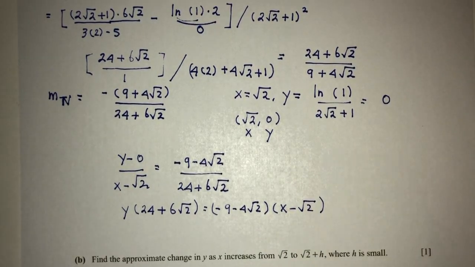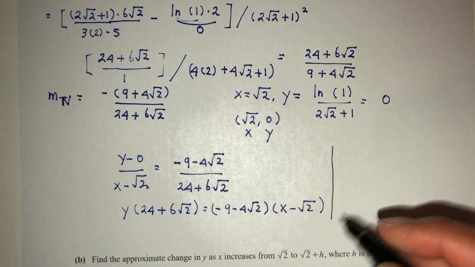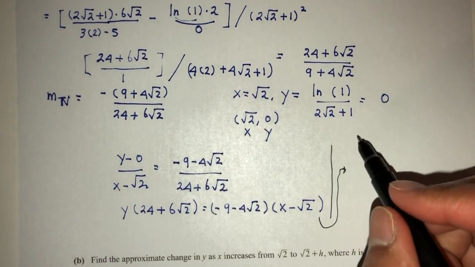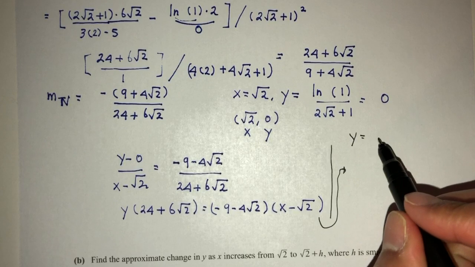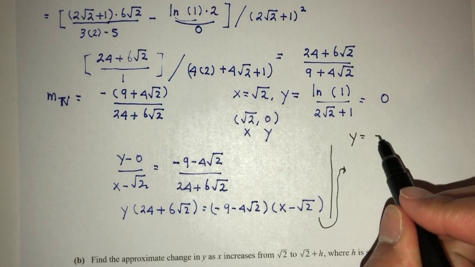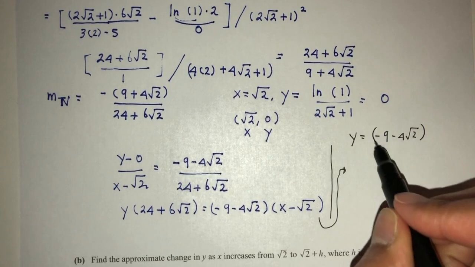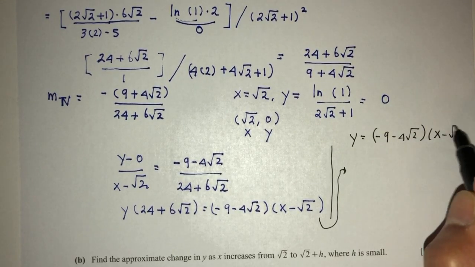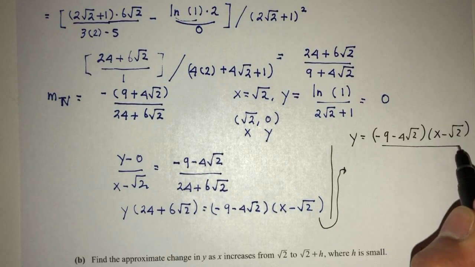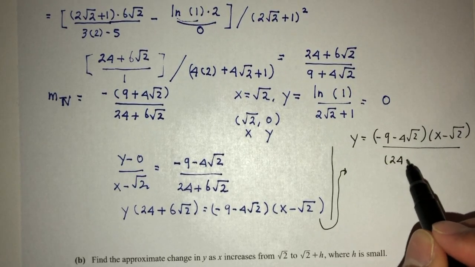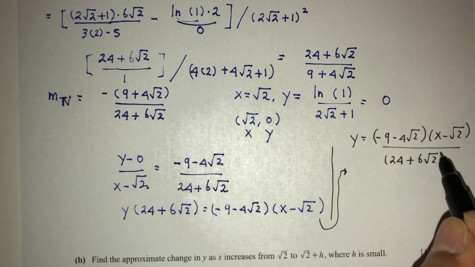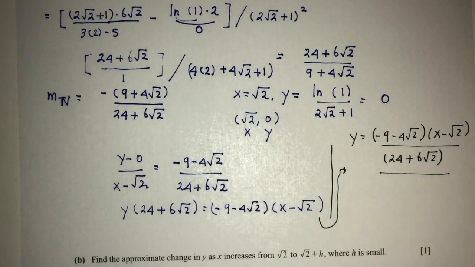Now you can leave your answer just like that, or you can rewrite this as y equal to minus 9 minus 4 root 2 times x minus root 2, divided by 24 plus 6 root 2. So this will be your equation of your normal.